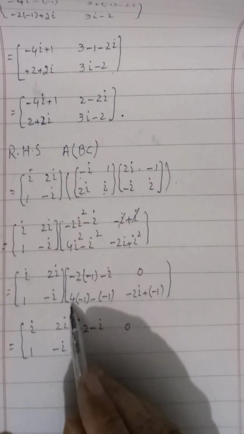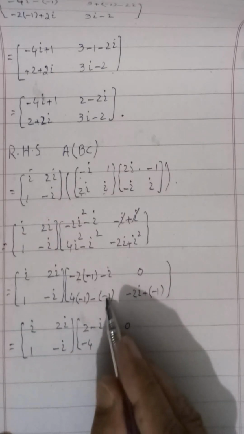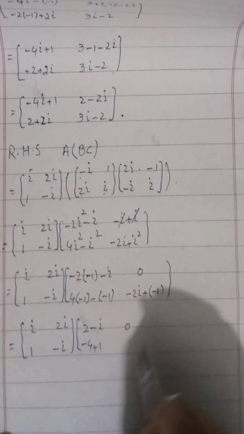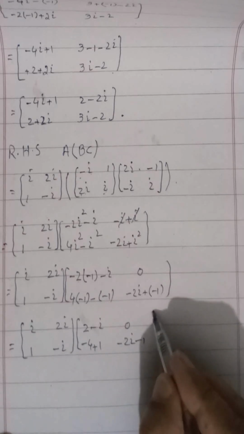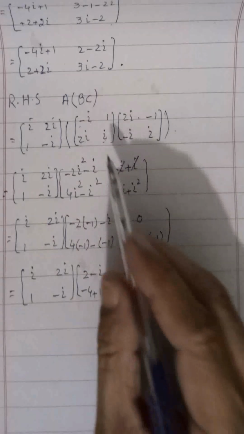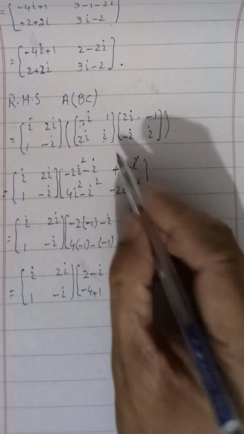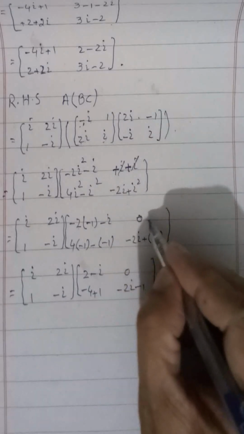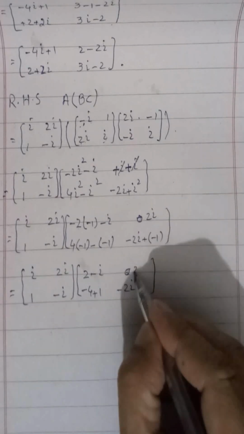The second row is 4 multiplied by minus 1 is equal to minus 4. 1 multiplied by minus 1 is equal to plus 1. And minus 2 iota minus 1. We get minus iota multiplied by minus 1 is equal to plus 1 and 1 plus iota. And it is 2 iota. Here is 2 iota.